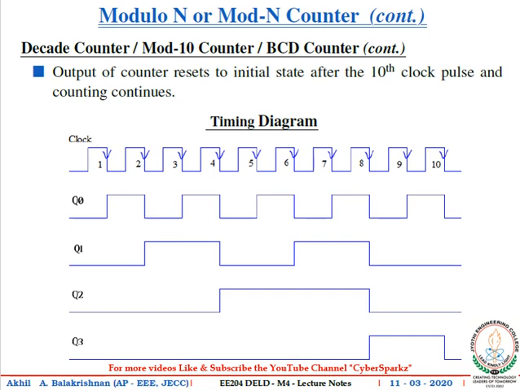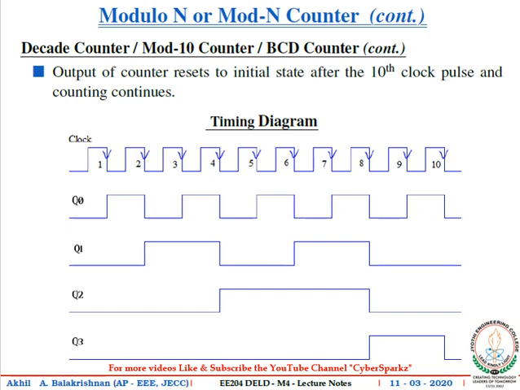Now let's analyze the timing diagram. Since the flip-flop outputs are used as the clock for the second flip-flop onwards, and we have given the original clock signal to the first flip-flop, on obtaining the negative edge, which is marked by the arrow symbol in the diagram, the first flip-flop changes its state from 0 to 1.